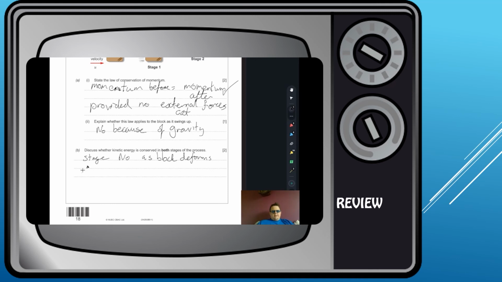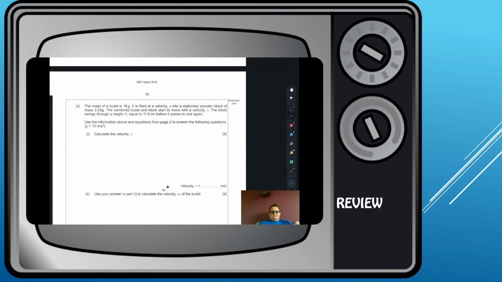And then stage 2, that's also going to be no, as some KE, in fact all the KE, becomes potential energy, which we'll get away with calling PE, as the block moves up. And in fact, that allows us to do the next part of this question.